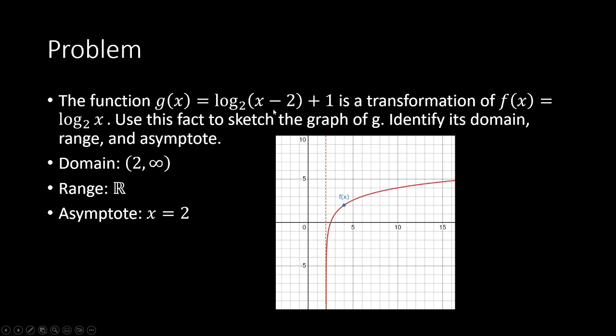We are shifting it 2 units to the right, and also 1 unit up. The domain is 2 comma infinity. The range is all real numbers. And you have an asymptote of x equal 2, because that's where this becomes 0.